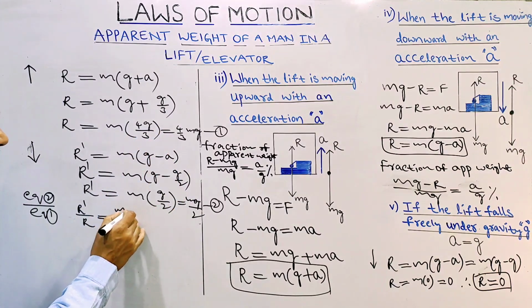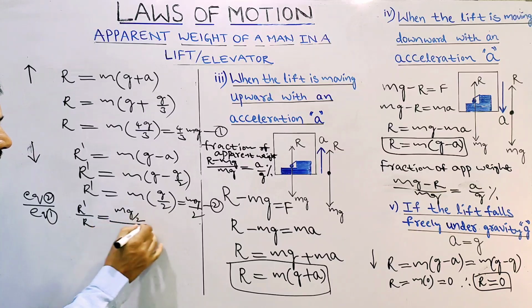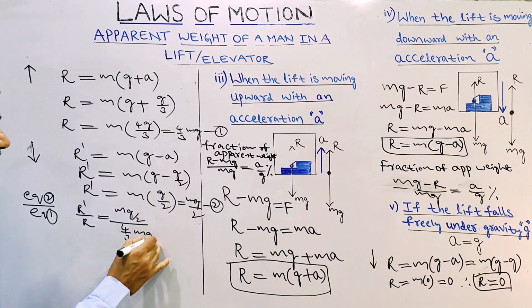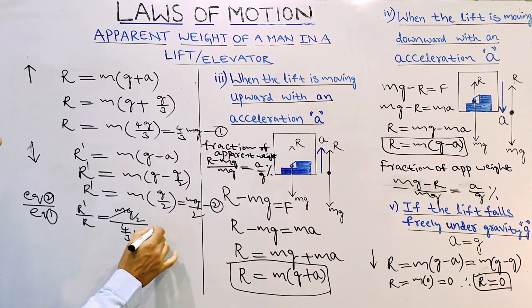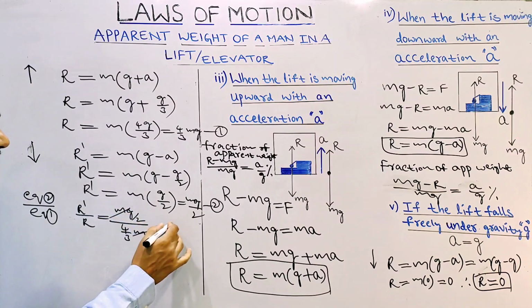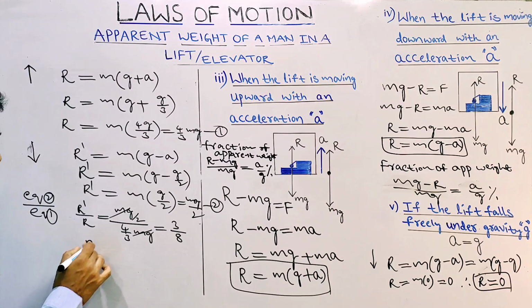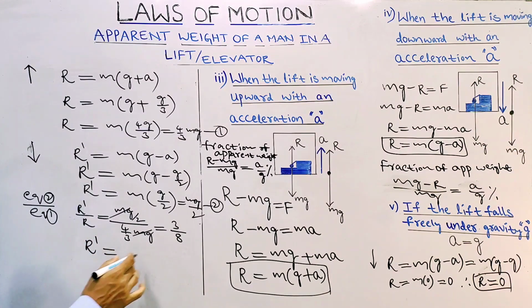So right hand side is mg by 2 divided by 4 by 3 mg. Here mg gets cancelled. So this 3 goes to numerator, and this 4 to the 8. So R dash equal to what we can take? The apparent weight while moving downward is 3R by 8.